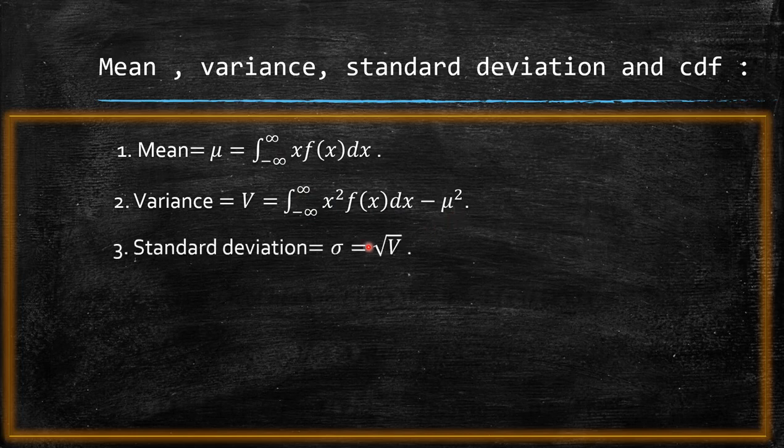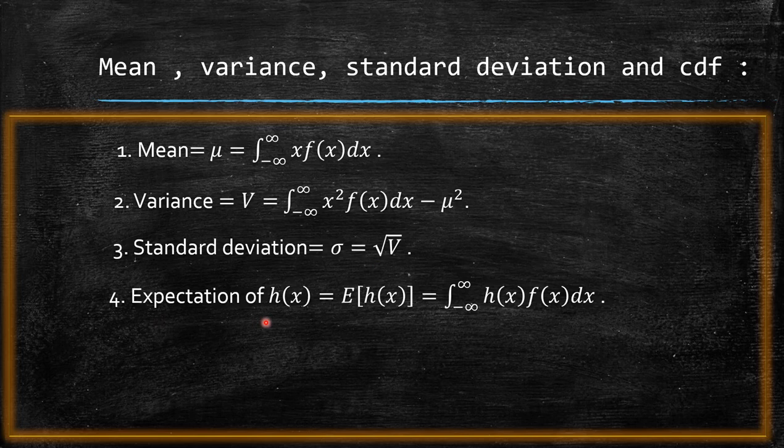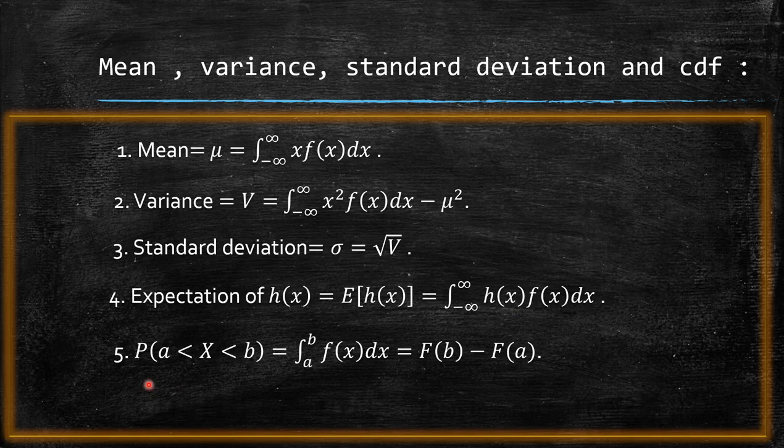Standard deviation, sigma is nothing but square root of v. Expectation of h of x for continuous probability distribution, E of h of x is nothing but integral minus infinity to infinity h of x into f of x dx. All we are doing is replacing summation by integration. So next, what is the probability of a less than x less than b?